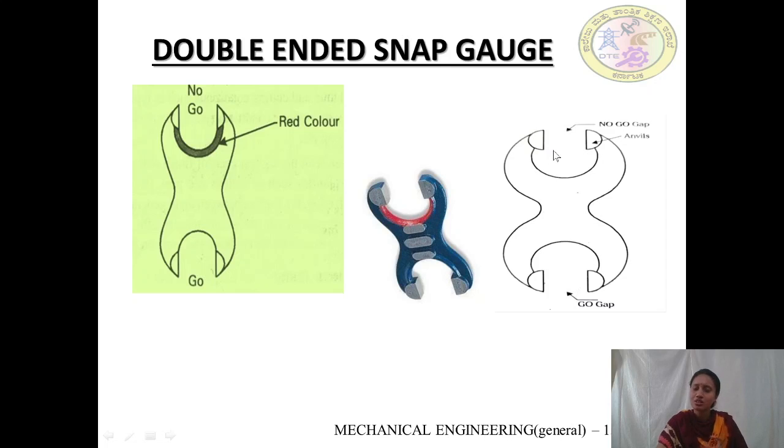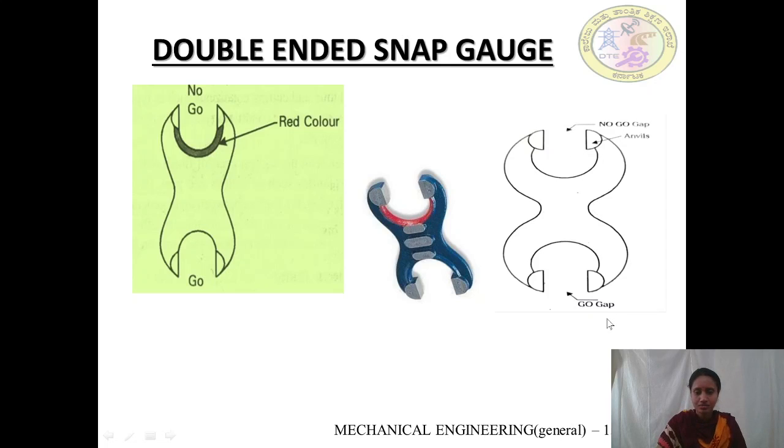See, the logic is go means it should go, no-go means it should not go. Only you need to remember is the go gap is equal to the upper limit size of the shaft diameter, and the no-go gap is equal to the lower limit dimension of the shaft.